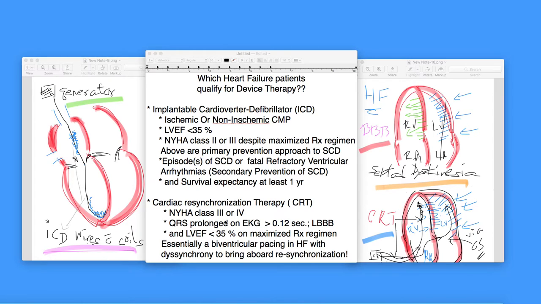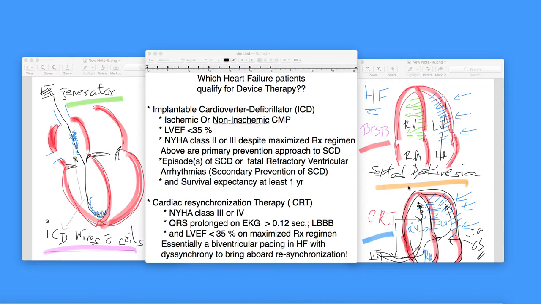But for class 3 and 4, it's clearly indicated by the ACC. The QRS has to be prolonged beyond 0.12 seconds, as I said, or a left bundle branch block is present. And of course, the ejection fraction is still 35% or less, and you have to have a survival pattern of more than a year, as I said earlier for the ICD. So the rest of the indications remain the same, except that the QRS is more than 0.12 for a bundle branch block.